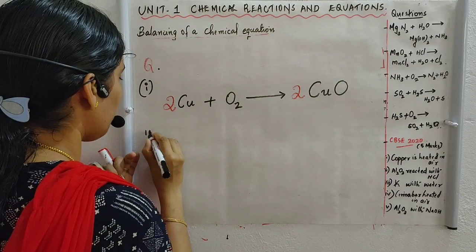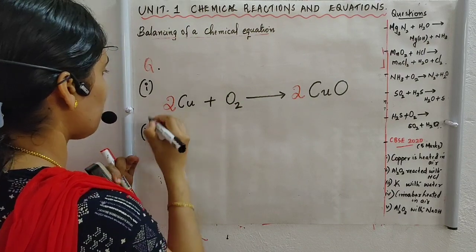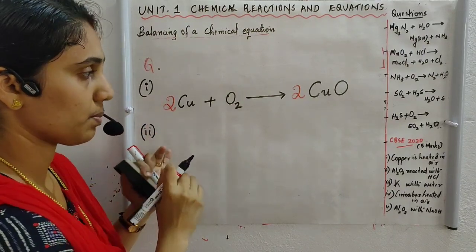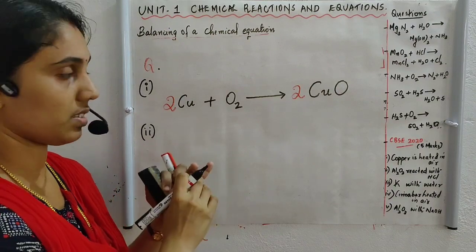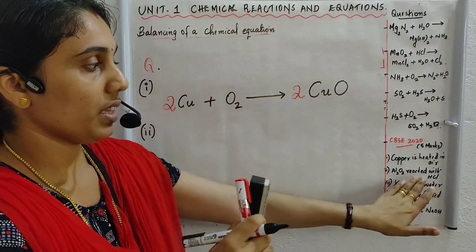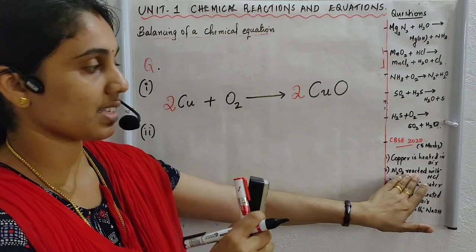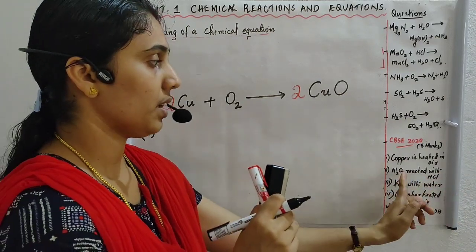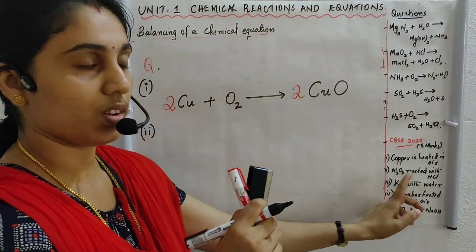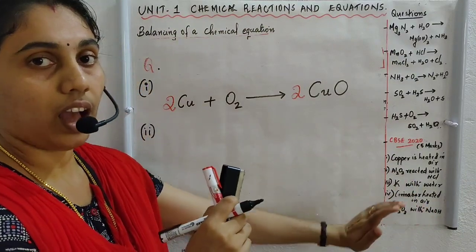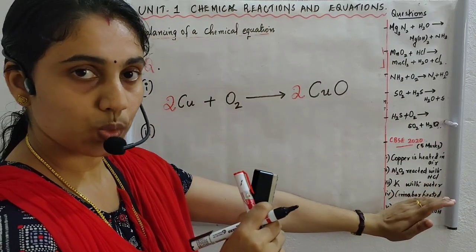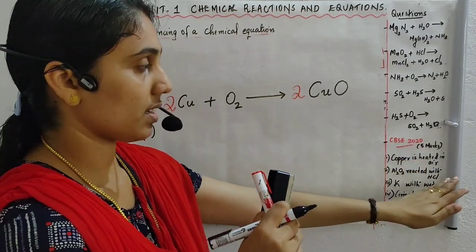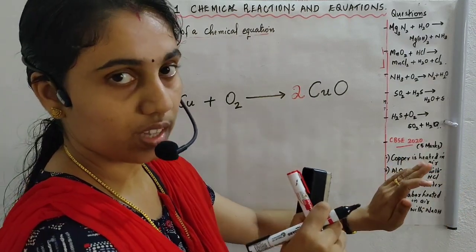Then as a 5-mark essay question I mentioned, the next one is the B part of the question. The sub question is this one: aluminium oxide is reacted with hydrochloric acid. The formula is not given, the sentence is given like this. What happens when aluminium oxide is reacted with hydrochloric acid?